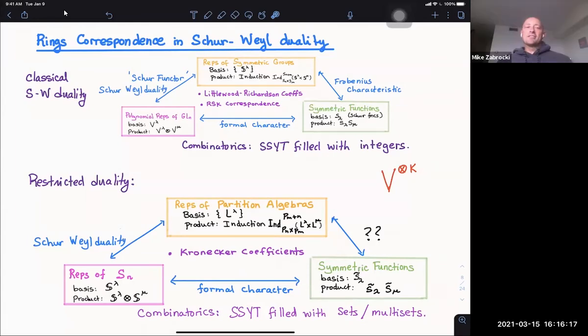Yeah, you're right to put in question marks, and we haven't really filled in all of the details. But if you define the Frobenius character map to map irreducibles of the partition algebra to the symmetric function basis, then induction does go to the outer product, and restriction does go to the coproduct. But have we proven everything? No. Nope.